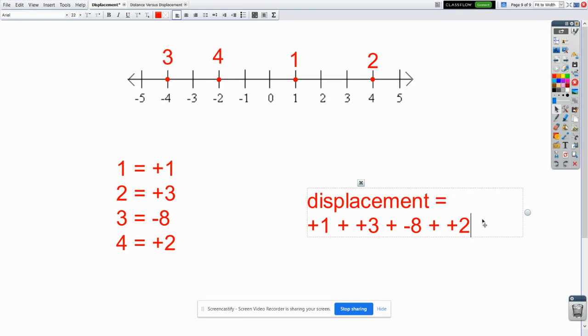Generally, if you're just doing this without a calculator, you're going to take your positives and add them together first. So 1 plus 3 is 4, plus 2 is 6. So we have positive 6 plus -8, because it's a displacement of -2, or 2 units to the left.